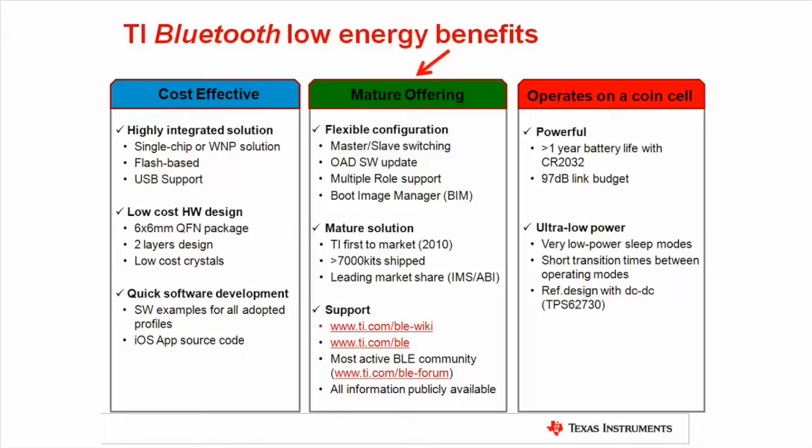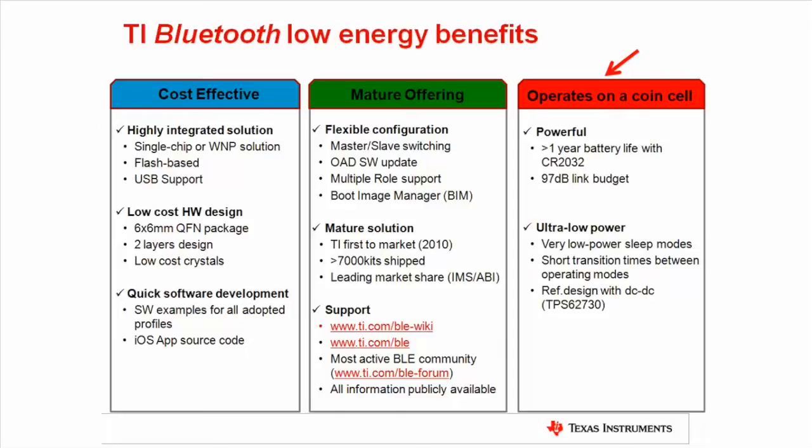We are also supporting a higher data rate proprietary mode with 2 megabits per second, which can be enabled through a boot image manager. Last but not least, we have increased battery life in applications by lowering TX RX current on the latest CC2541 product to around 18 mA, yet keeping a good 97 decibel link budget.